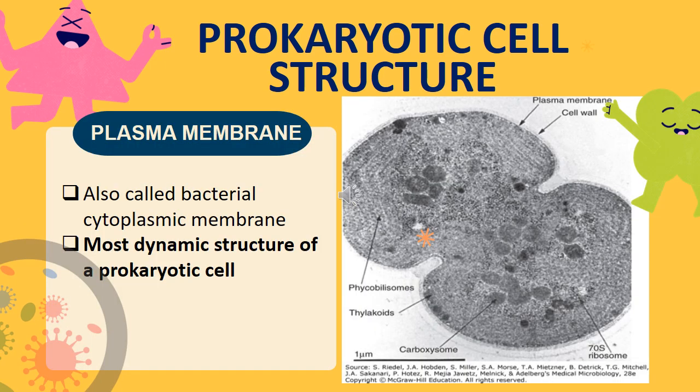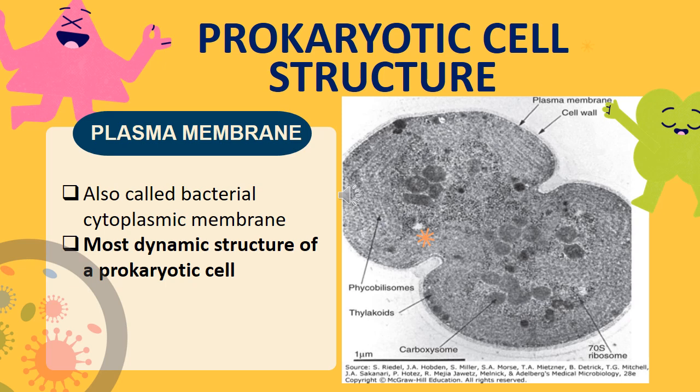So we also have your plasma membrane, which is also known as your cytoplasmic membrane. Take note that your cytoplasmic membrane or plasma membrane is visible in electron micrographs. And this unit membrane is composed of phospholipids and 200 different proteins.